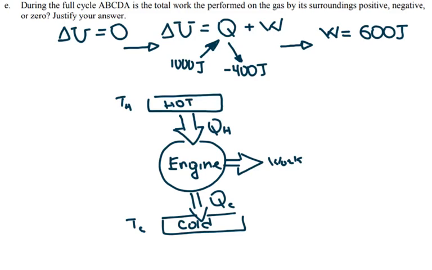So if they ask you during this process, the total work performed on the gas by its surrounding, the way they ask, performed on the gas by its surrounding, let me do it this way so it makes sense why. Performed on the gas by its surrounding is negative.